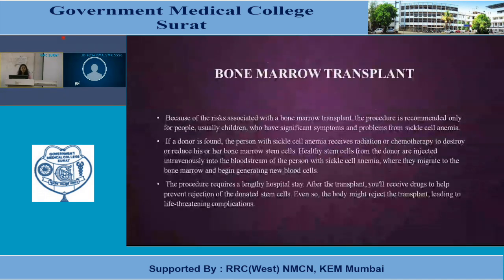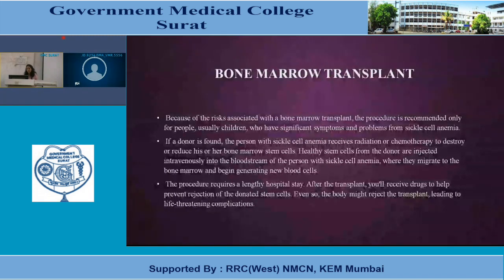Next is the curative option, bone marrow transplant. Because of the risk associated with bone marrow transplant, the procedure is recommended only for people, usually children, who have significant symptoms and problems with sickle cell disease. If a donor is found, the person with sickle cell anemia receives radiation or chemotherapy to destroy or reduce his or her bone marrow.